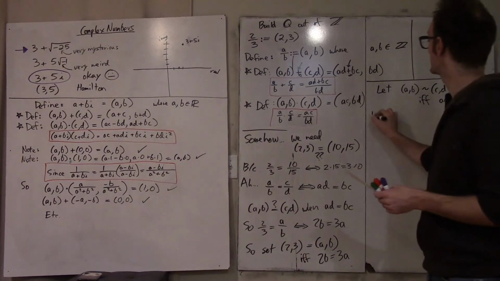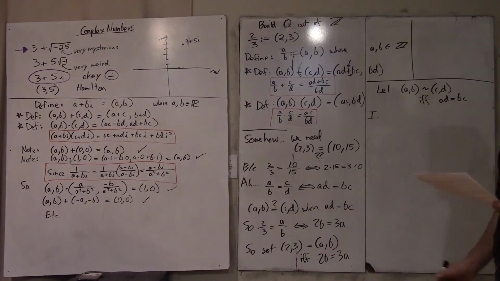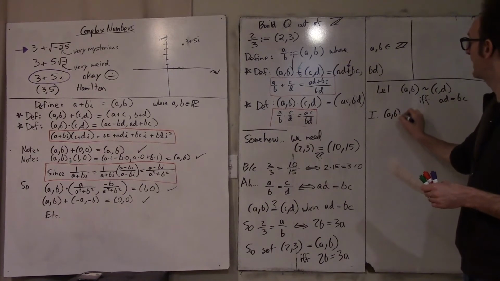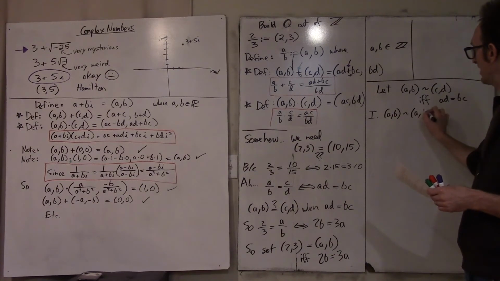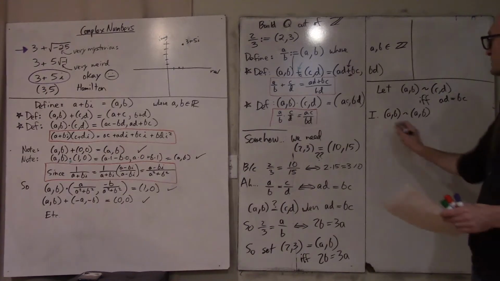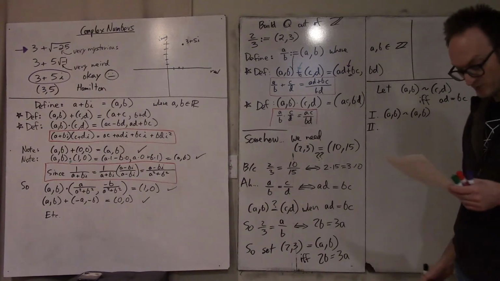And now I make some observations about this relationship. Well, first of all, every ordered pair is related to itself. That can be just proved because AB equals AB. So that's nice to know. What's another fact?